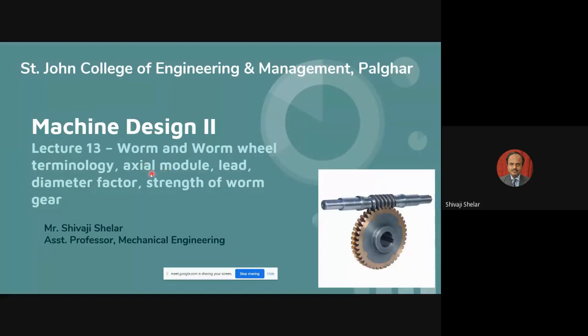The concepts like axial module, lead, diameter factor, which is important from the design point of view, and the strength of the worm gear, that is your beam strength, as well as the wear strength of the gear. So in this part we are going to cover the theoretical aspects of worm and worm wheel gear design. So let's go to the next slide.